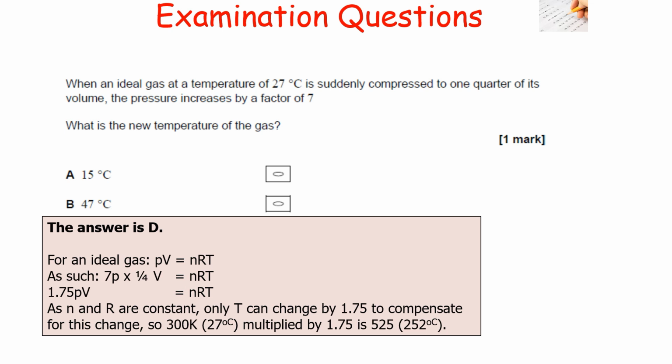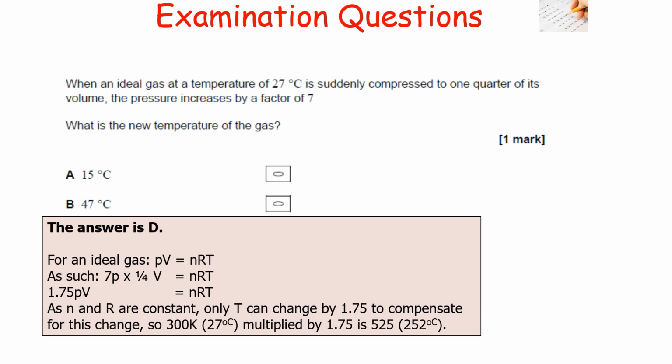The pressure is increased by a factor of 7 and the volume has decreased to 1/4. So overall PV has changed by 1.75, 7 times 1/4. As n and R are constant, if the left hand side has gone up by 1.75, the right hand side has gone up by 1.75, so only T can change, going up by 1.75 in direct proportion as the equation suggests.